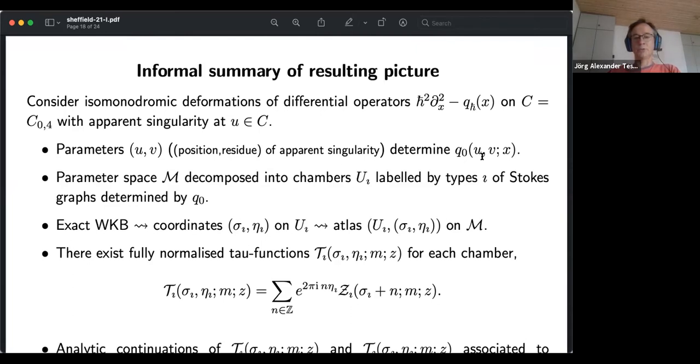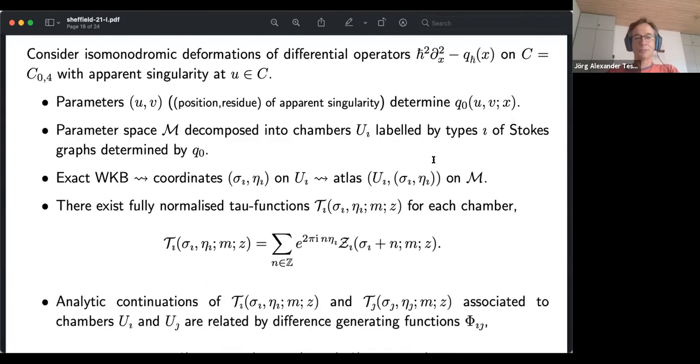Because in Q_0, the key parameter, when we keep fixed the parameters at the punctures, is this H, the Hamiltonian generating the isomonodromic flows. This was a function of u and v. And when you know how H is determined in terms of u and v, then it basically determines Q_0. So, a simple observation, but important for what follows.